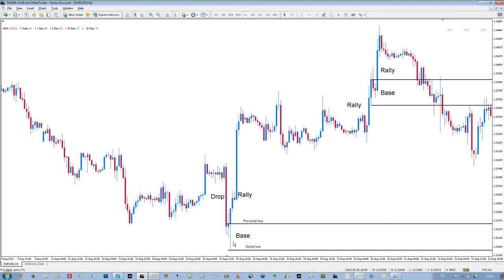So each candle, the whole candle from the top to the bottom, that's the whole range. So if the body from the open to the close is lower than 50%, more or less, that should be the base. It doesn't have to be exactly that, but more or less. And we want a maximum of 4 to 6 candles.